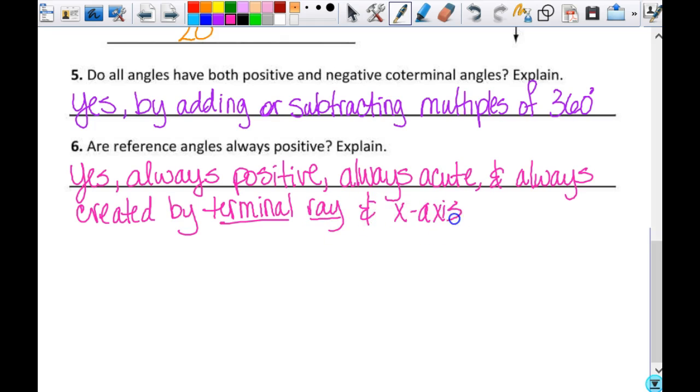And that x-axis thing is so important because there are times where you're going to want to draw it to the y-axis to draw a picture. That is not what the reference angle is. Okay? Always with the x-axis.